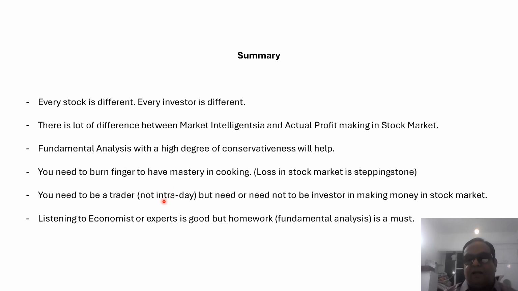Let me be clear, I'm not an intraday trader. I purchase stocks and keep them. Whenever I see the profit, I book it, and I never get committed to any stock. The moment the PE ratio has come near the industry average or market average, I sell it. Till it has not touched that industry average or market average, I'm talking about PE and PB ratios, if my stocks have not touched it or are significantly lower than the average, I'm okay to continue with that stock and book the profit.